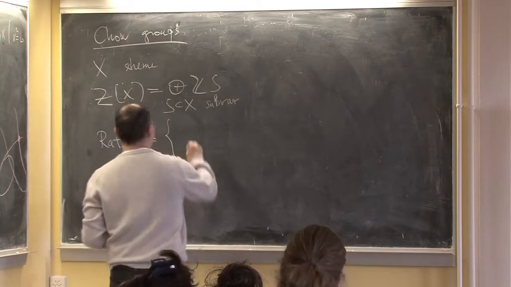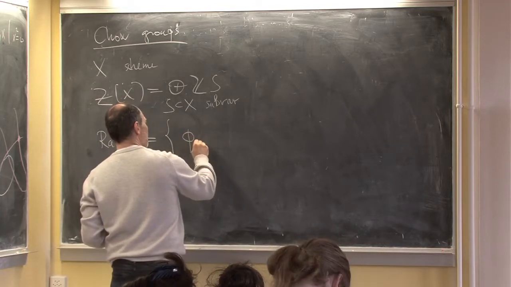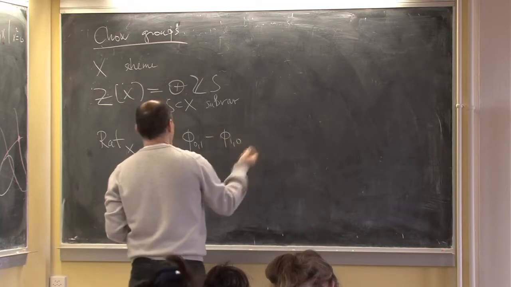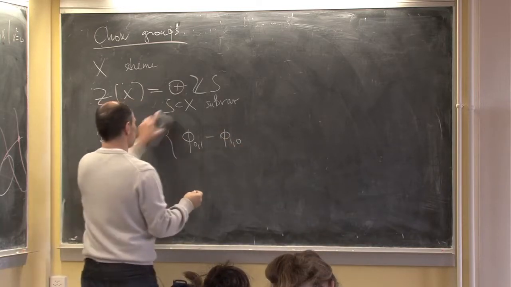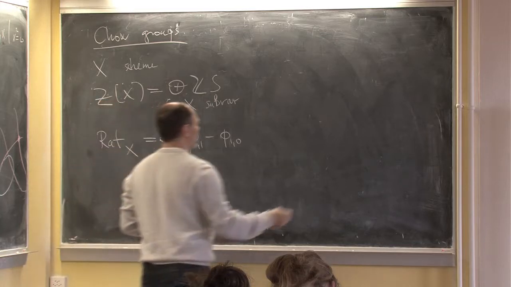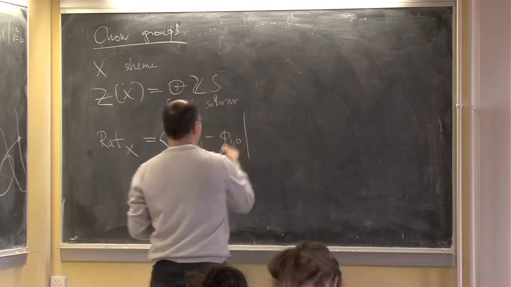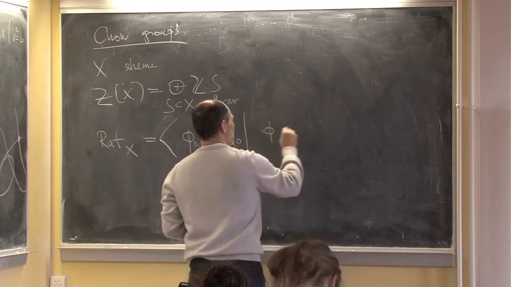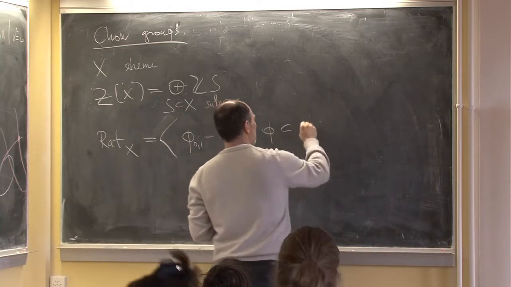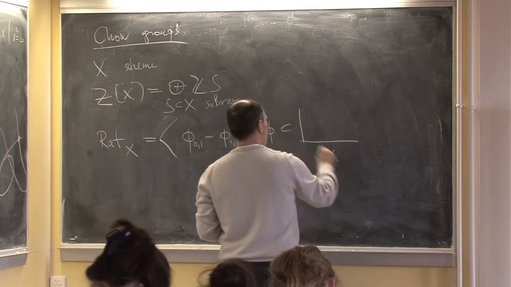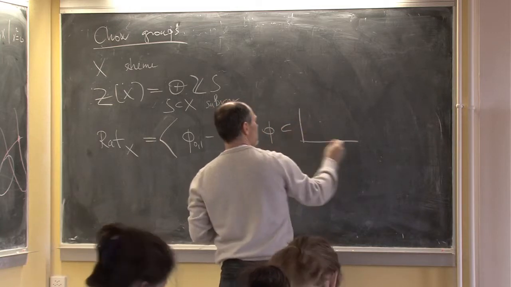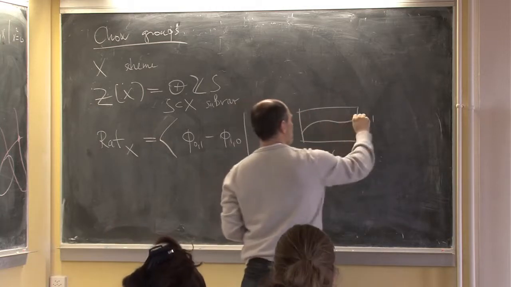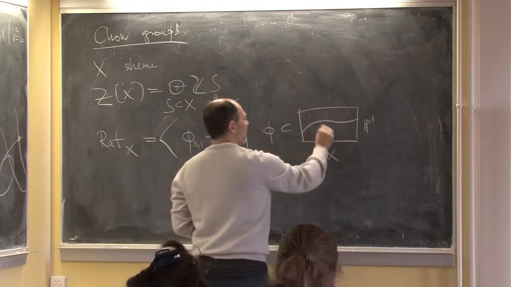constructed as, maybe I'll use this notation, phi_0 minus phi_1, generated linearly by this, where phi is a subvariety in X times P1, and phi is a subvariety not containing any fibers.